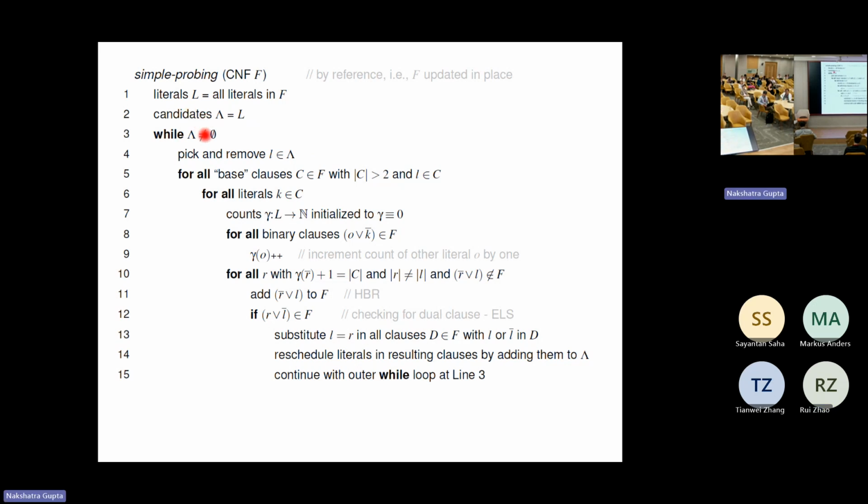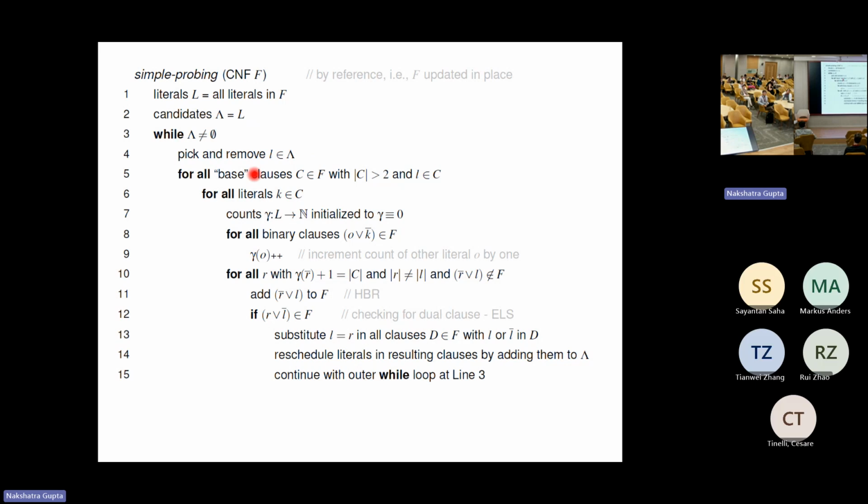While this set is not empty, you try to find base clauses, like these ternary clauses, and the same works for larger clauses, with this L, because if you know the Tseitin encoding, it would really be the output of this AND gate, or OR gate, or NOR gate, or NAND gate.